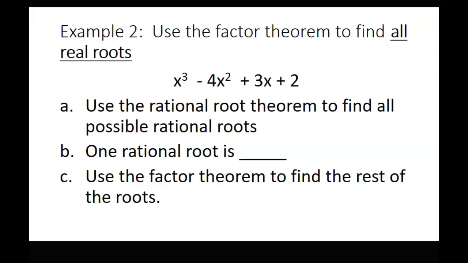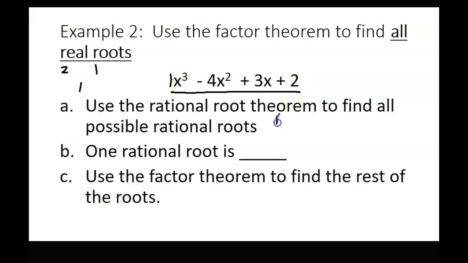Once again, I'll save us the trouble, but you want to start by looking for a GCF and then try the box method. I'll tell you both of those aren't going to work. So now we move on to try something else. And what do we start by doing? Making a list of the rational roots. 2 can only be divided by those 2 things, and 1 can only be divided by 1.